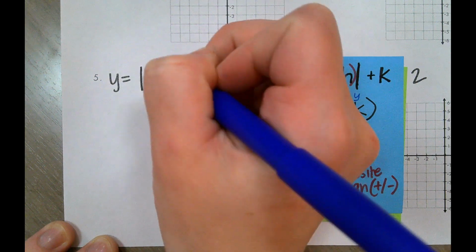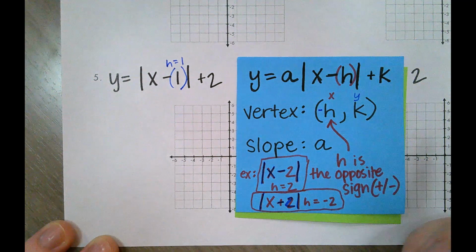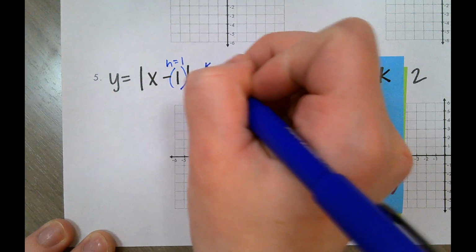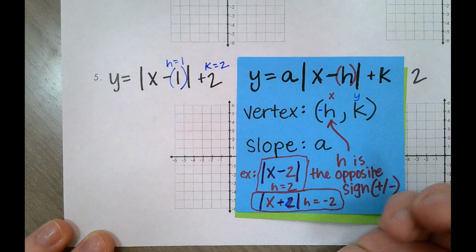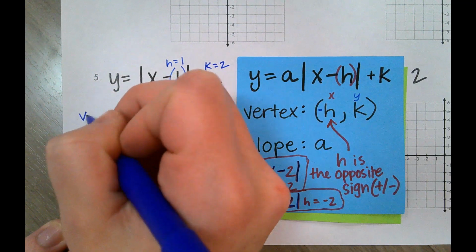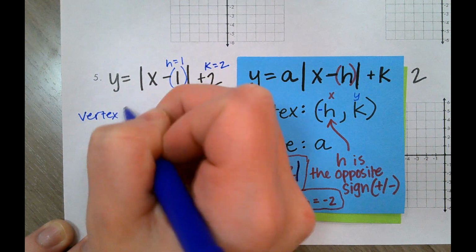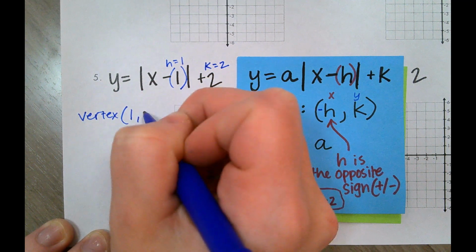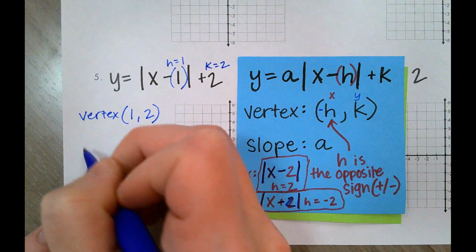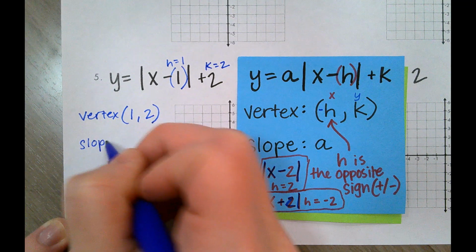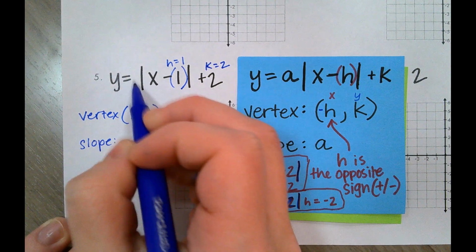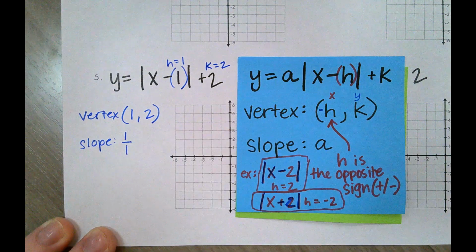Right here, H is 1. What's my K? 2. Your vertex is 1, 2. Yes, so my vertex is 1, 2. What about slope, or my A? 1/1. There's no number there, so 1/1.